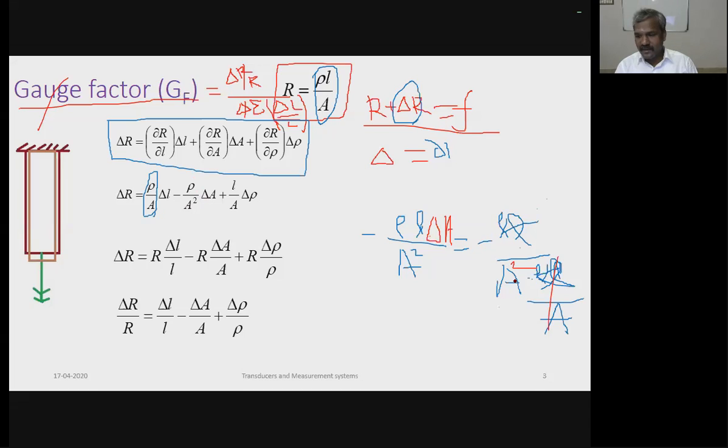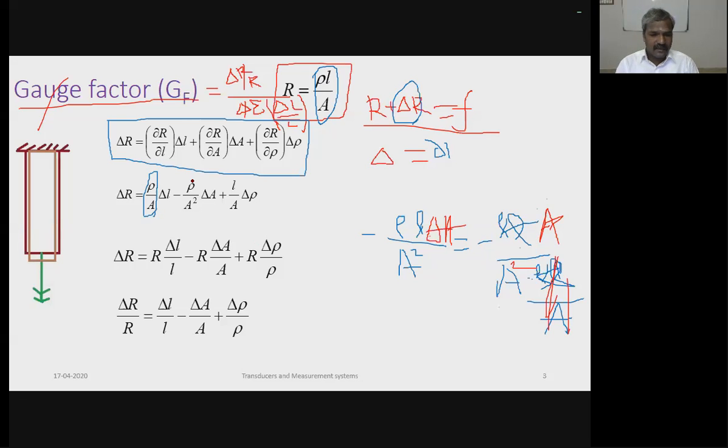Del A is there. So instead of A, we are putting del A. Rho L by A square, rho L by A. Put A here, or you keep it as it is, don't worry. Minus rho L by A square.